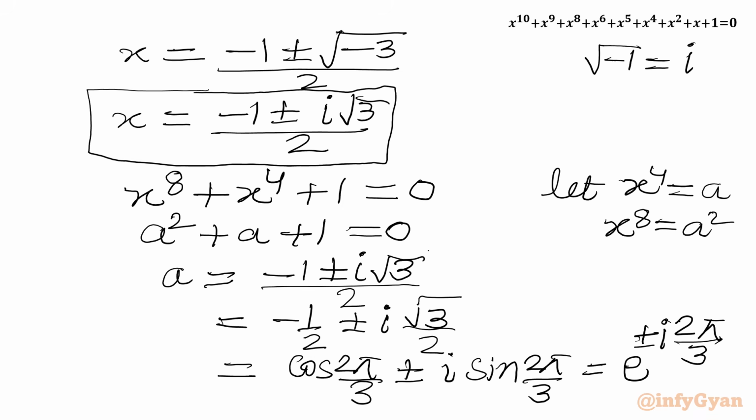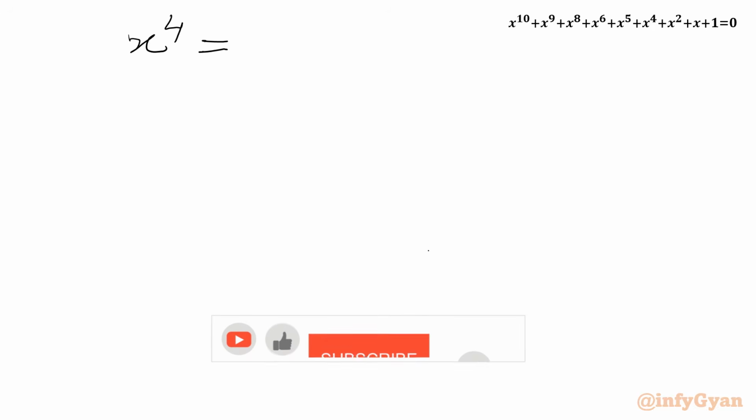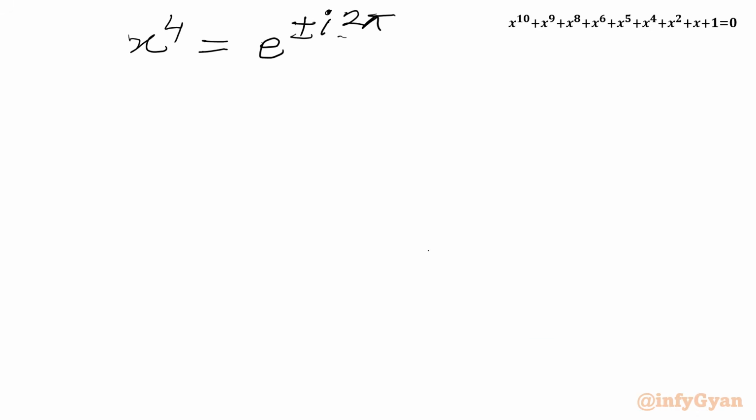This is equal to a, and a is equal to x power 4 as per our substitution. Now we can write x power 4 equal to e raised to the power plus minus i times 2 pi over 3. Now we will take the square root on both sides.